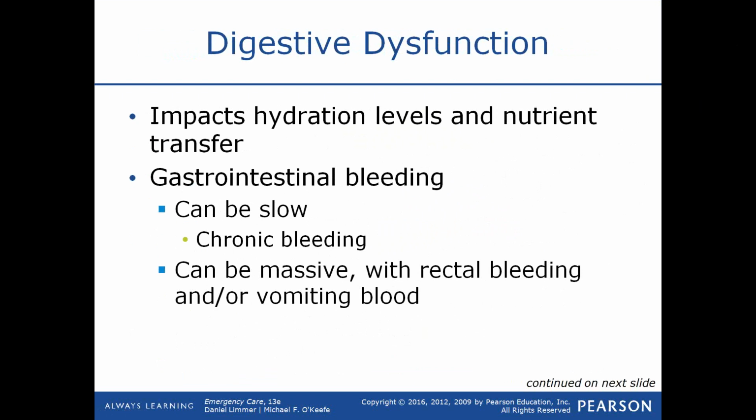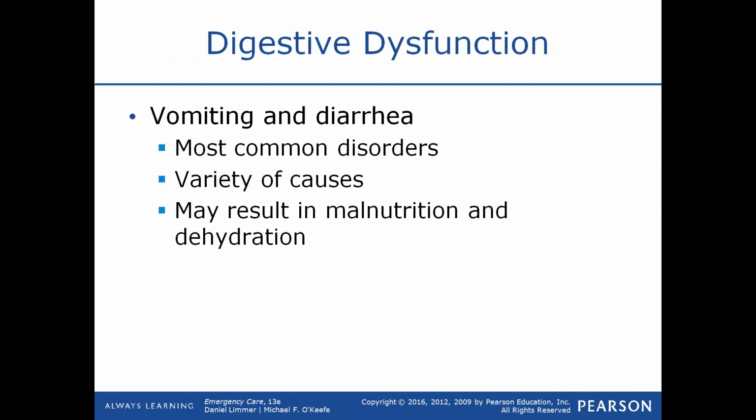If you've got a very slow, long-term, or chronic bleed of the intestines, it can lead to a condition known as anemia, where you don't have enough red cells in your blood, and can lead to stroke and heart attack. Or the bleeding could be massive and you could be throwing up bright red blood, or have bright red bloody diarrhea. In those cases, that could lead to hypovolemic shock from loss of volume.